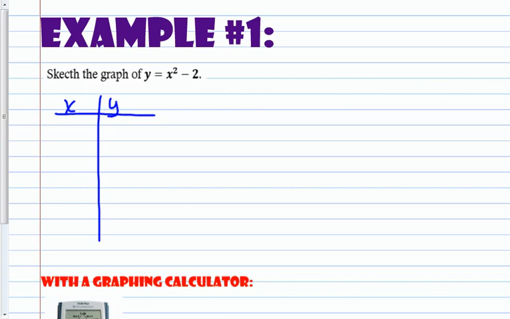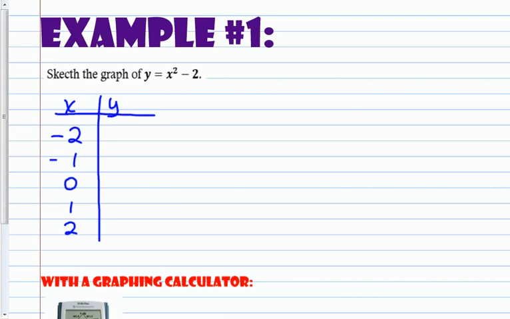If you're sketching something, you're picking the x's. And it's normally easiest to just go from like -2 to +2, or -3 to +3, or something along those lines. And then once you have your x's that you chose, we decided that these would be the numbers we were going to use.